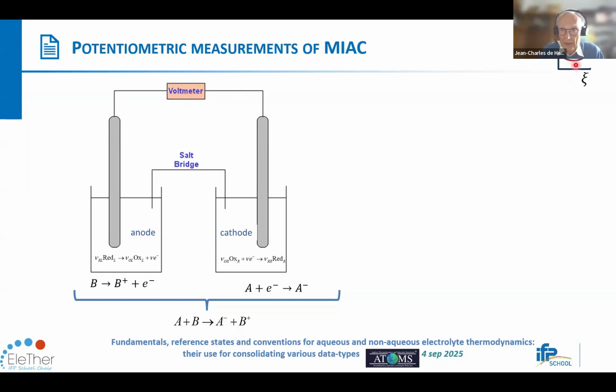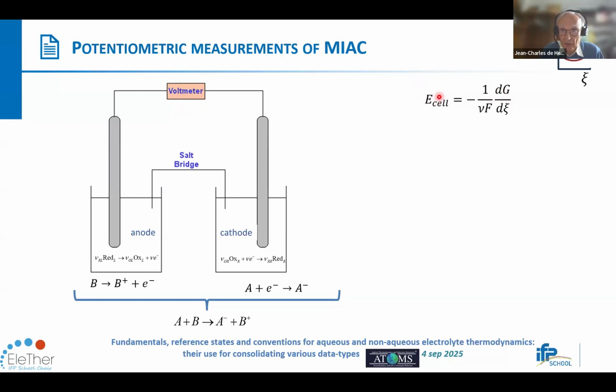We are not at the minimum of this G as a function of psi, but we have a slope. And this slope is necessary in order to have the electromotive force, which is actually what is measured.